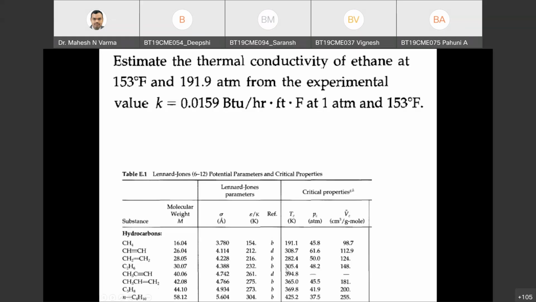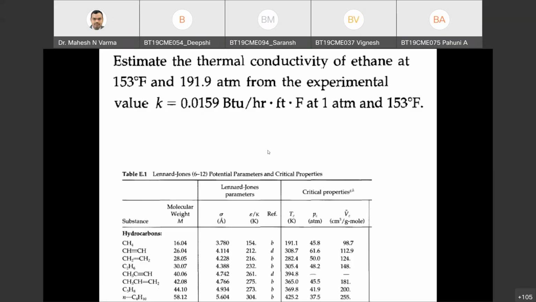You use critical temperature, critical pressure, and this value of thermal conductivity to get the value of critical thermal conductivity. Then you use this temperature, this pressure, this TC, this PC to get the value of thermal conductivity at 153 degree Fahrenheit and 191 atmosphere.